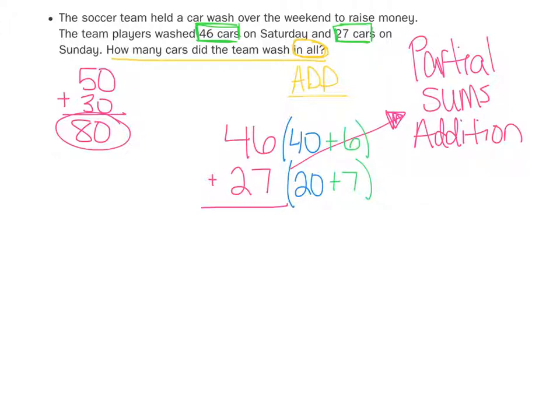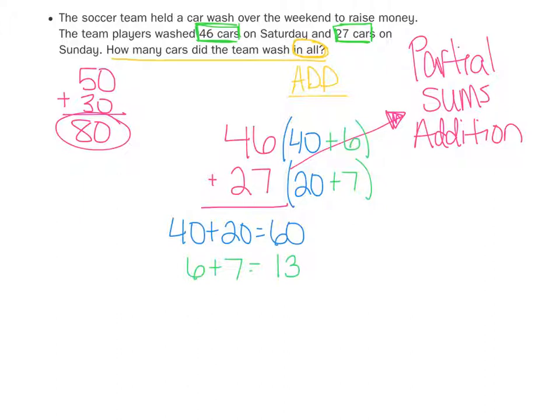46 is 40 plus 6. 27 is 20 plus 7. So for partial sums addition, all you do is go back and you say, okay, I'm going to add the tens first. So 40 plus 20 equals, if you said 60, you're correct. I'm going to go ahead and add the ones because that's my next place value. And I have 6 plus 7 equals. And if you said 13, you are correct.